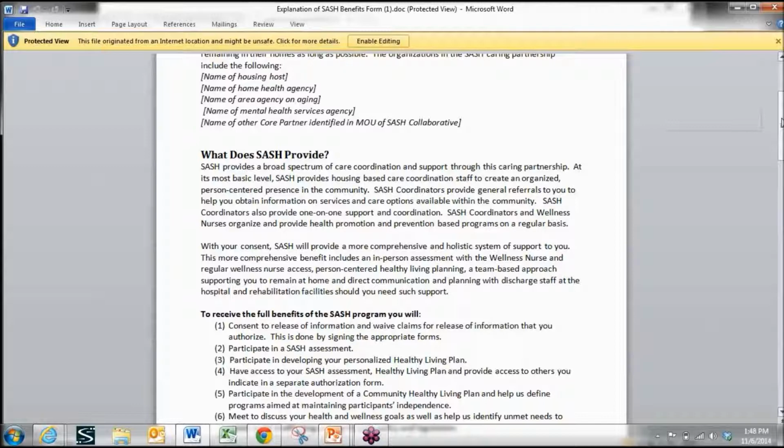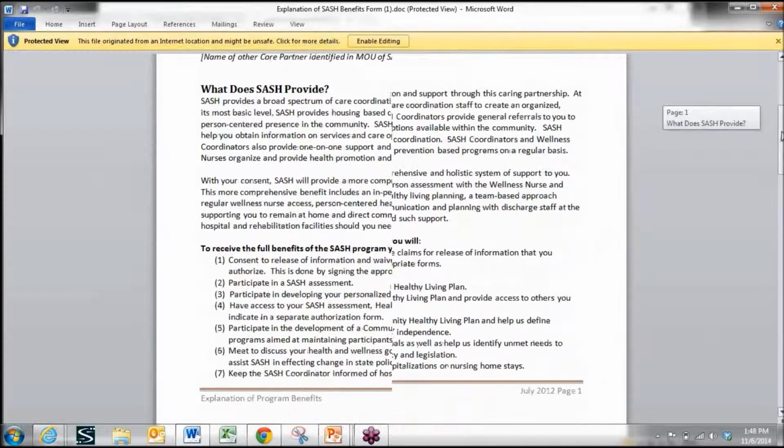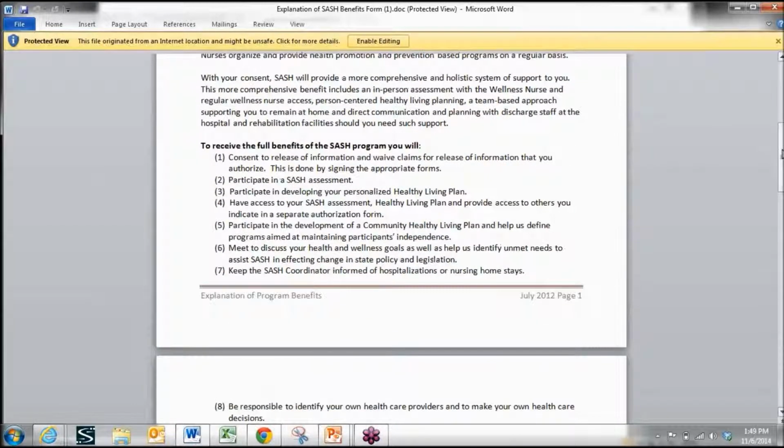So it starts off with just generally what SASH provides, and then it tells the potential participants that to receive the full benefits of SASH, this is what you're going to have to do. Number one, they're going to have to consent to release information between these partners, and they're going to have to sign a waiver that provides protection to the SASH partners for claims.